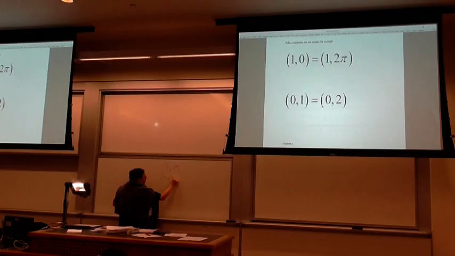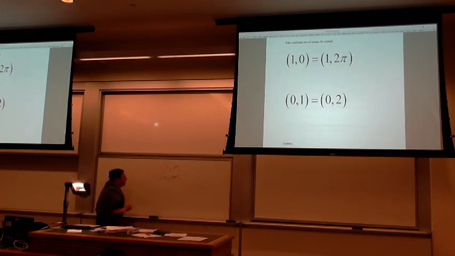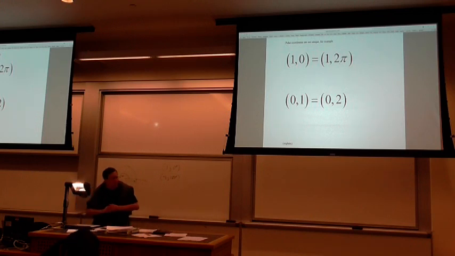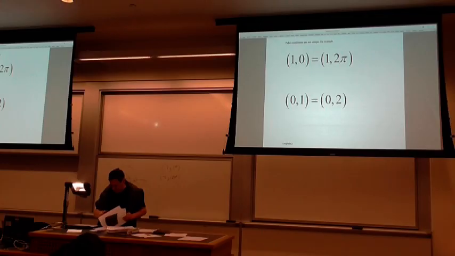Here's an even more confusing one. Here the radius is 0, and the angle could be 1 or 2 or 3 or anything. When you're 0 away from the pole, the angle is kind of meaningless. So that's just a hazard you have to deal with in polar coordinates. You could have 2 different sets of numbers that could be the same place.